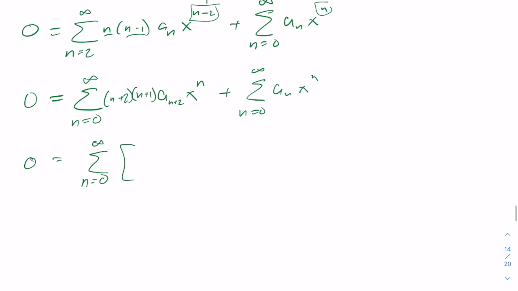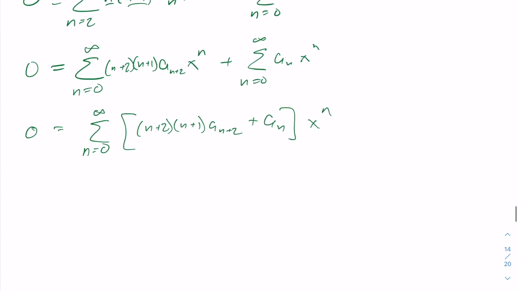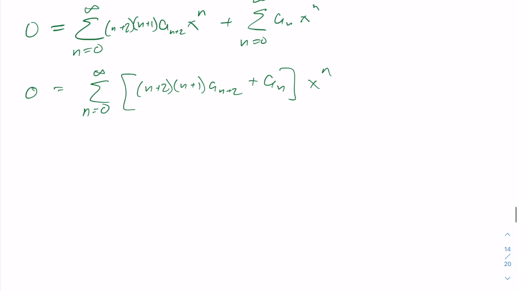I have n plus 2 times n plus 1, a sub n plus 2, plus a sub n. Okay? And so we will solve this one now. So 0 equals, so all those terms are 0, so I get n plus 2, n plus 1, a sub n plus 2, plus a sub n.